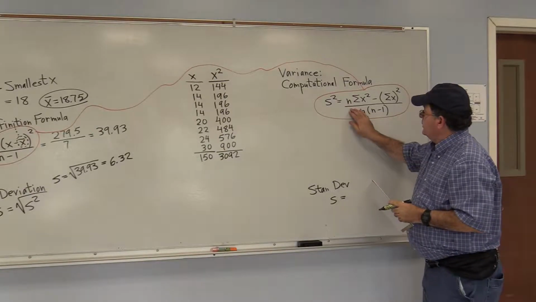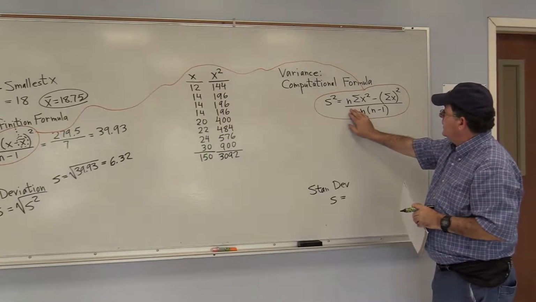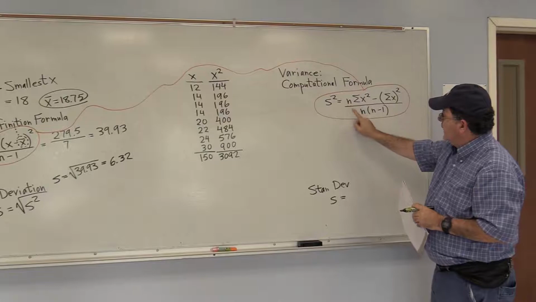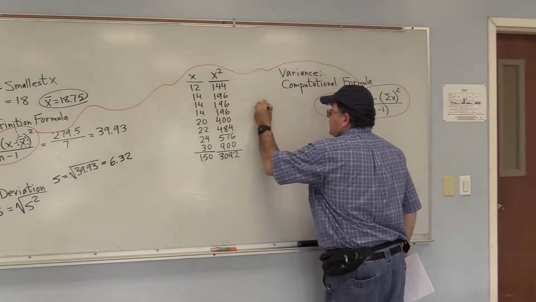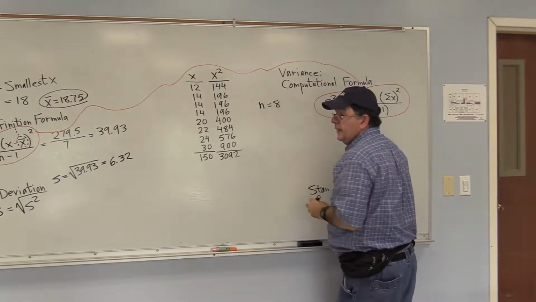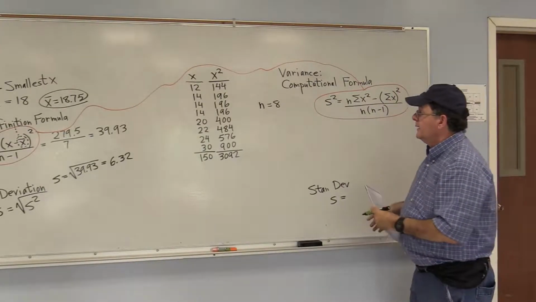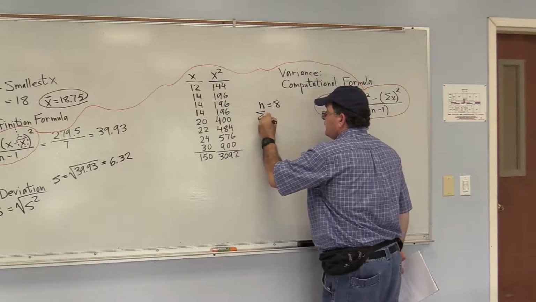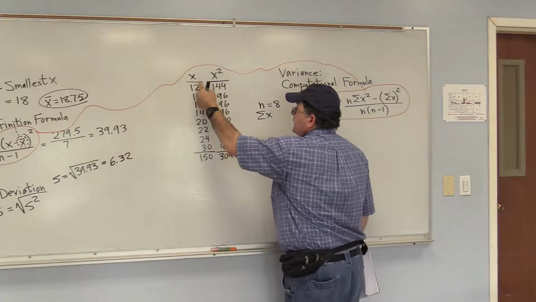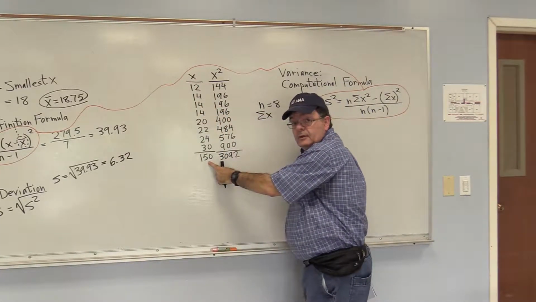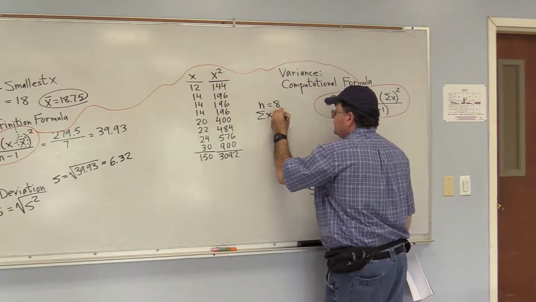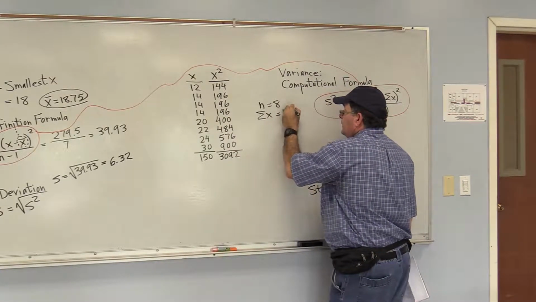Now, in order to apply this formula, we need three things. We need the value of n. That's our sample size. We know n to be equal to 8. We need sigma x right here. Sigma x is the sum of the x values. We know that to be 150. Sigma x is 150.